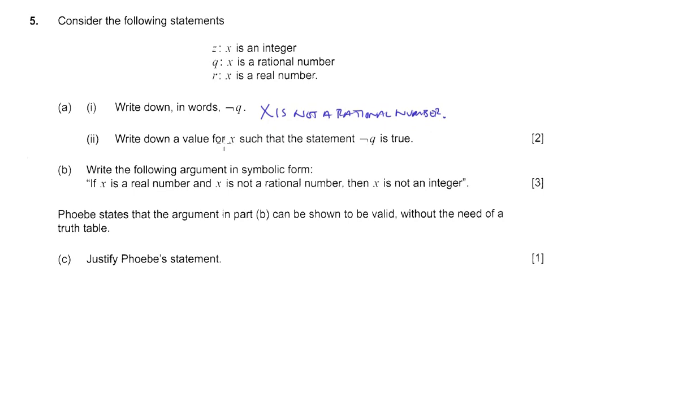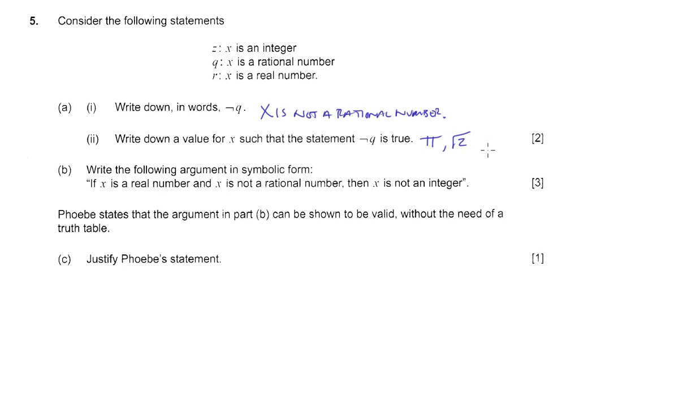Write down a value for x such that the statement not Q is true. So basically we got to find some value for x that's not a rational number. So what is an irrational number that you can think of? Pi is a pretty good irrational number, and so is pretty much any root, like root 2, root 3.